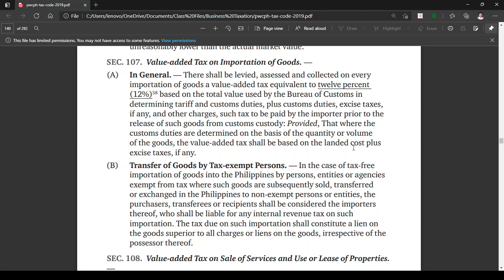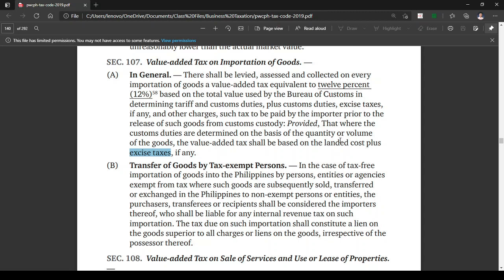So yun yung main composition ng landed cost. Take note: invoice, customs duties, freight, and the insurance. If there are any other charges, you should include that. Of course, yun yung basis na landed cost. Tapos, i-add mo yung excise tax kung meron mang binabayaran yung business na yon to get the total basis.